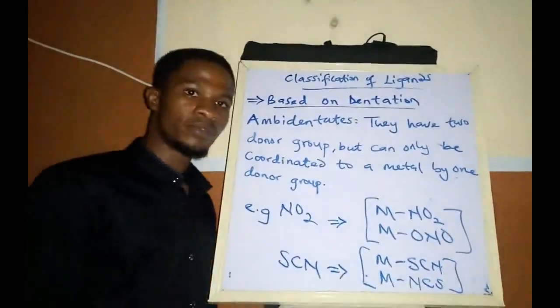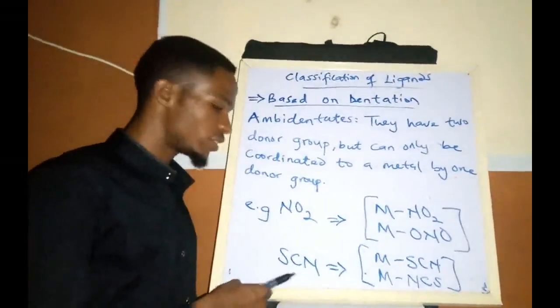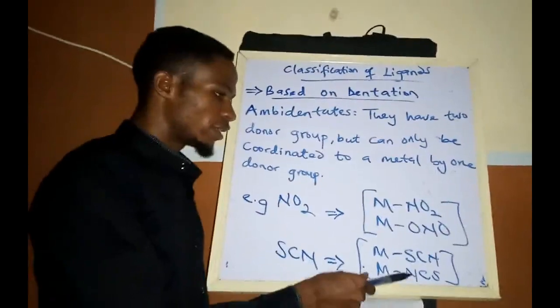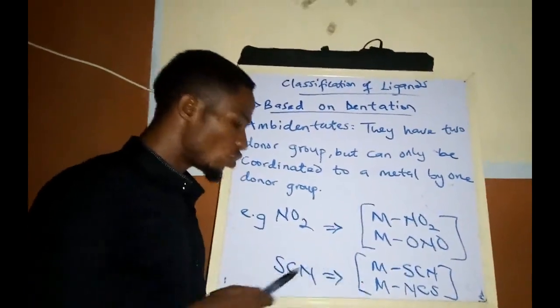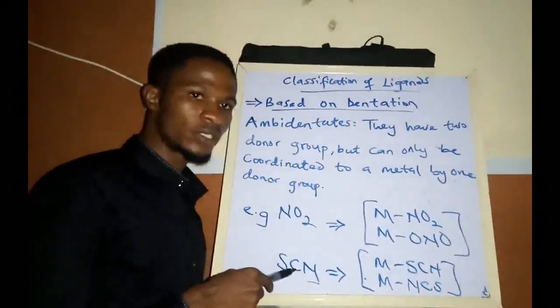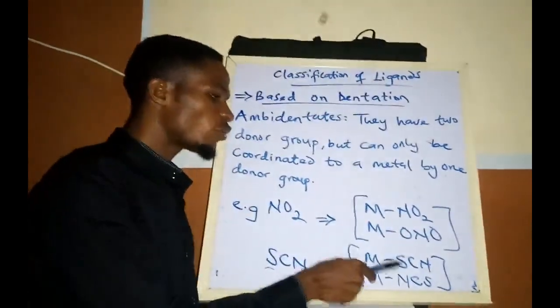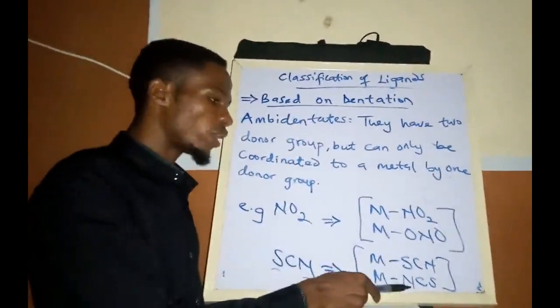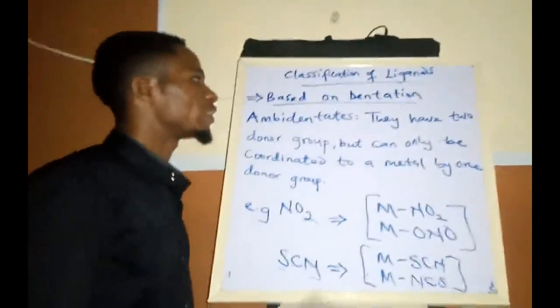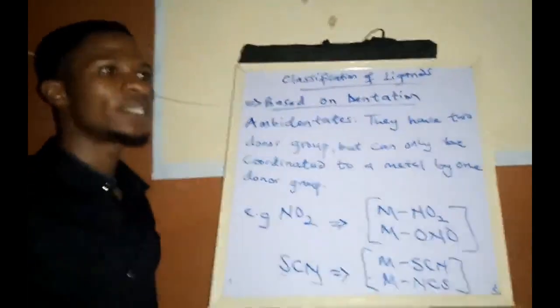Another example is the thiocyanide. It has two donor groups, one on sulfur, the other on nitrogen. But it is either the sulfur is bonding to metal or nitrogen bonding to metal. These are examples of ambidentates.